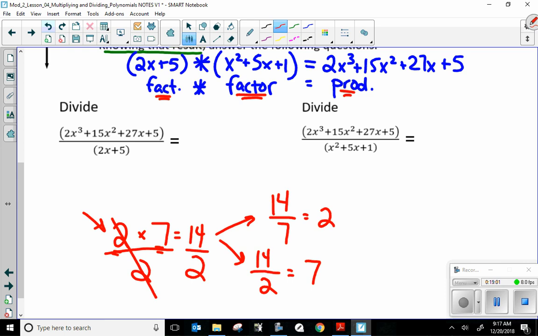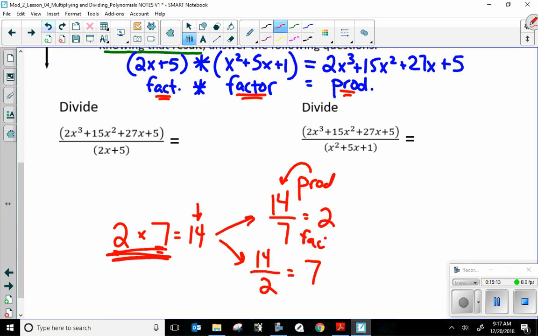So if we know any of the 2 factors for the product, I can take my product and divide it by any one of the factors, and it will always equal the other factor. I mean, that's really how you divide. You know the 2 factors, okay?